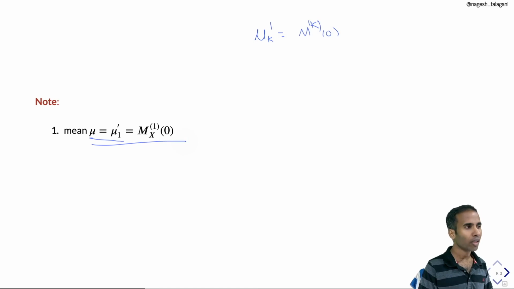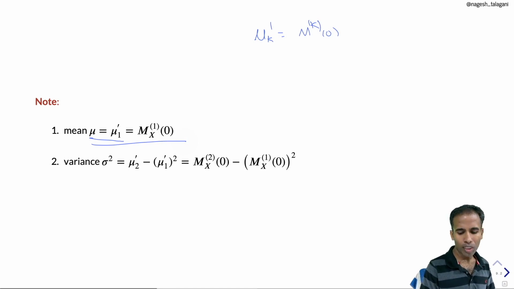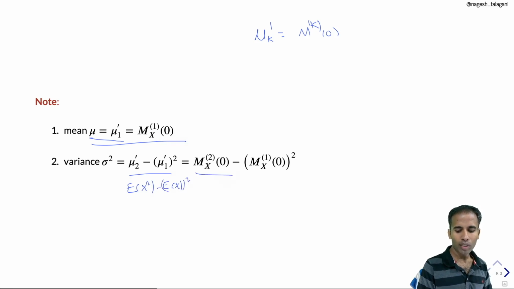Next, the variance. Sigma square is mu2 dash minus mu1 dash whole square, that is, expectation of x square minus expectation of x whole square. And for mu2 dash we can write the second derivative of the MGF at 0, and mu1 dash is the first derivative of the MGF at 0.